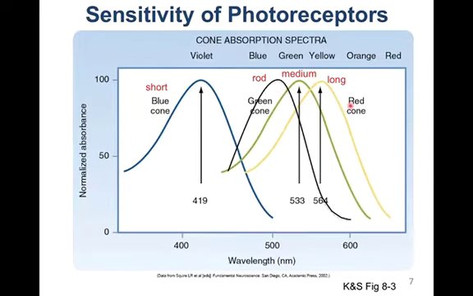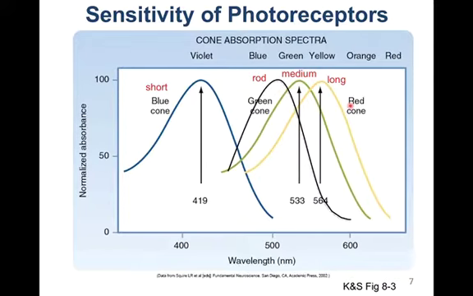So rods only express one type of opsin. They all express rhodopsin. Because there are no other types of rods that express opsins with a different wavelength sensitivity, all rods can give you information on is how much light, the intensity of the light.